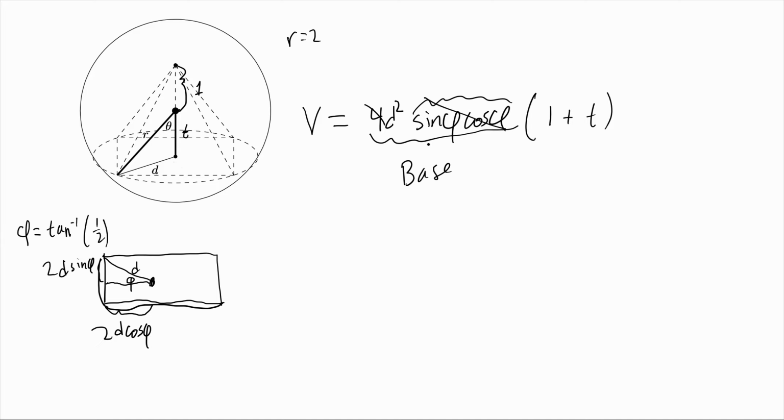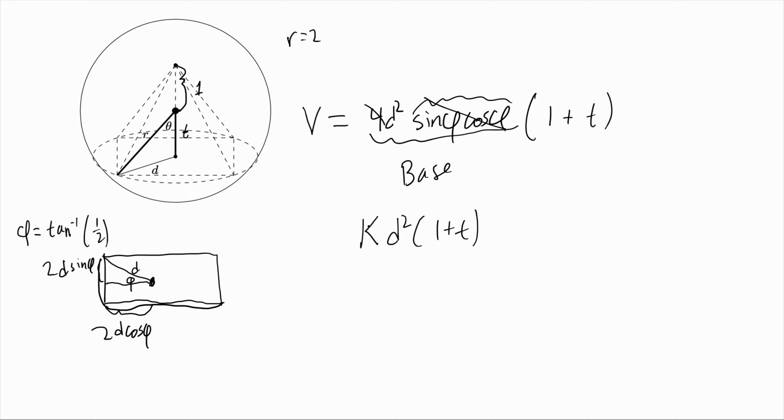If this is a positive constant, then it can be completely ignored as we're looking at derivatives and where they're equal to 0 and how they're behaving for maxes and mins. So we can swallow it up, that 4 and that, into a constant k, say. So really we have k d squared times 1 plus t, which is nice.